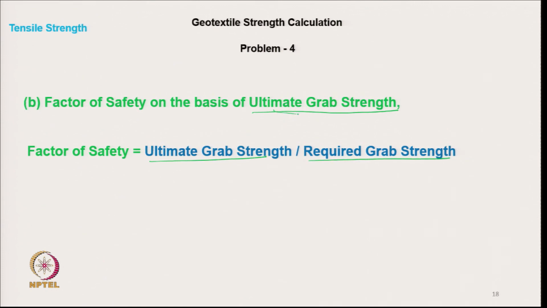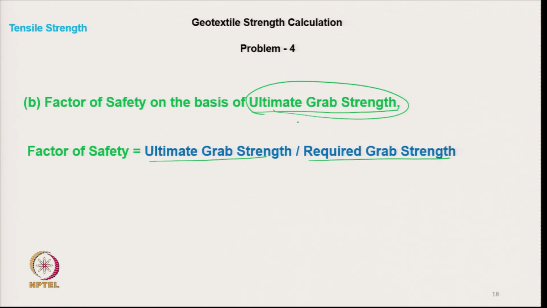Here we will be using ultimate grab strength because the partial factor of safety we are assuming as 1. If the partial factor of safety was given, then the allowed grab strength would be ultimate strength divided by the partial factor of safety, but it is not given. So, let us assume it as 1.